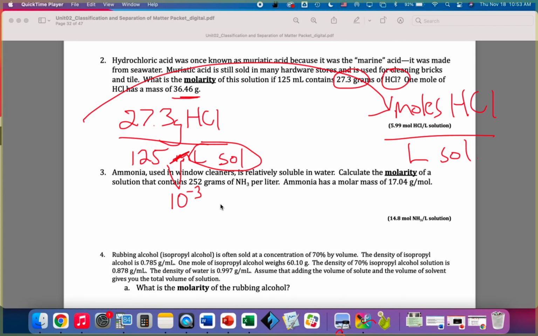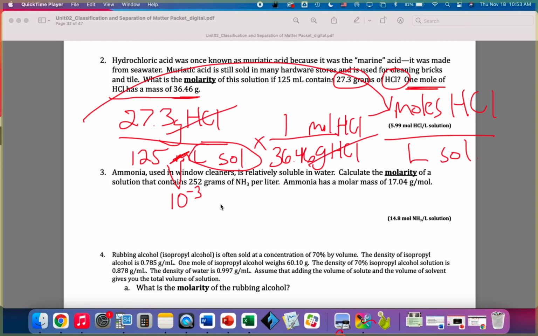We just have to fix the grams on top. So we have grams of HCl, and we want to go to moles of HCl. And if you look right here, it says 1 mole of HCl has a mass of 36.46 grams. That just came from the periodic table. I added up 1 H, 1.01 grams, and 1 Cl, 35.45. And that's where 36.46 came from.